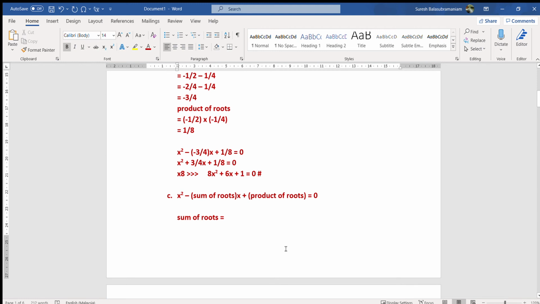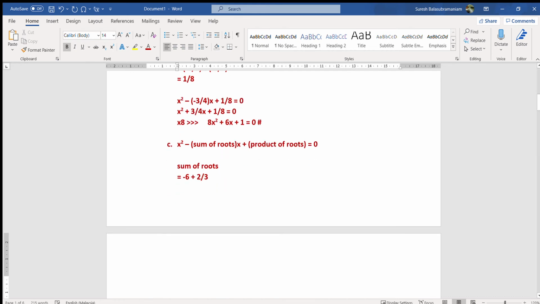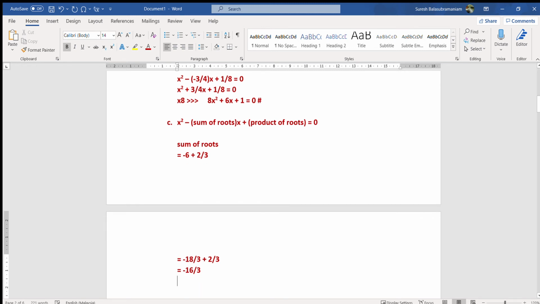Sum of roots is negative 6 plus 2 over 3 equals to negative 18 over 3 plus 2 over 3. Negative 18 plus 2, you get negative 16, so negative 16 over 3. Okay, that is the sum of roots.